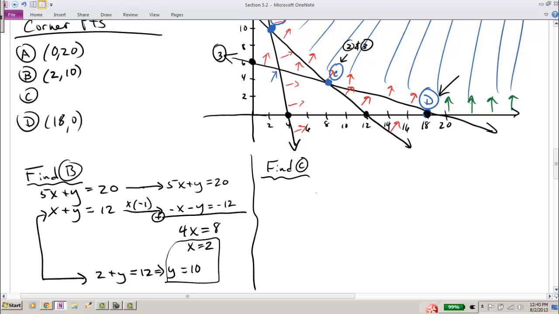This time we're going to use lines 2 and 3. So x plus y equals 12, and x plus 3y equals 18. Again, I think I'll multiply x plus y equals 12 by -1, and leave the second one unchanged.